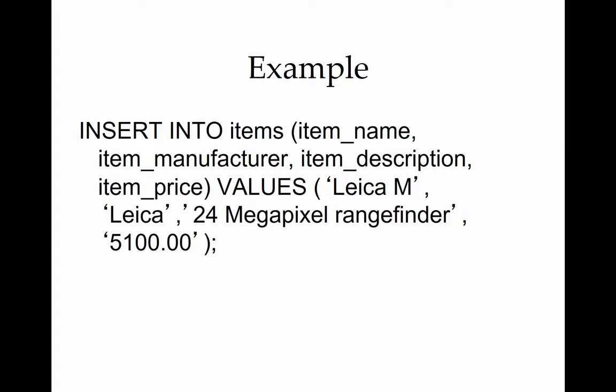Insert into items. So the table is called items. And there's a field, i.e. column, called item name, item manufacturer, item description, item price. And now, because this is the first field, this is the first value, this value will be stored in this field. The second value will be stored in the second field. The third value will be stored in the third field. The fourth value will be stored in the fourth field.